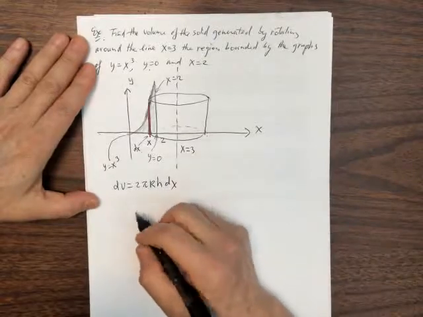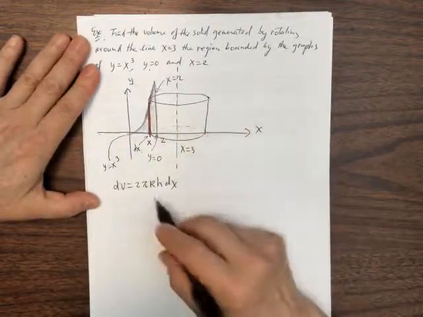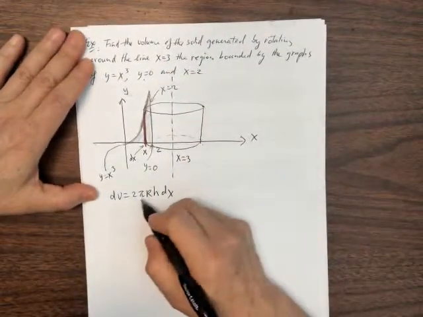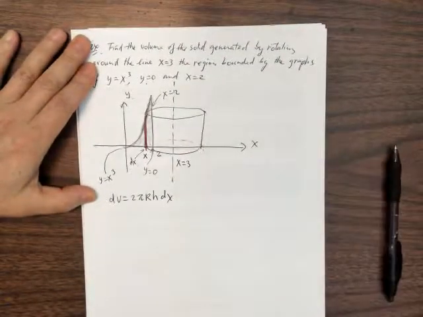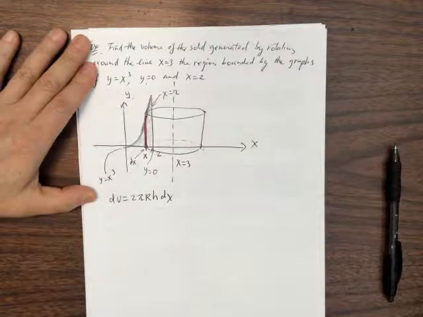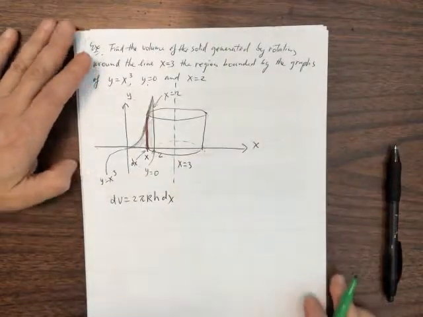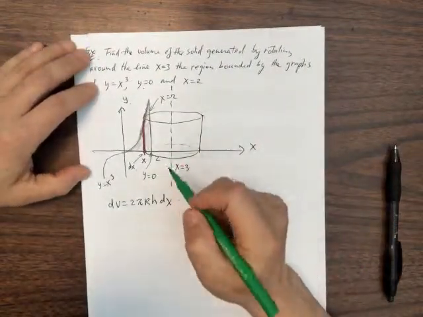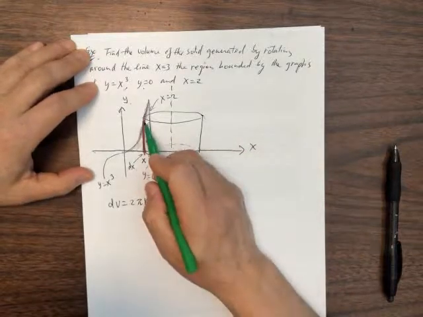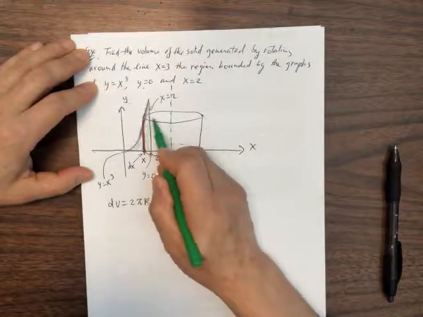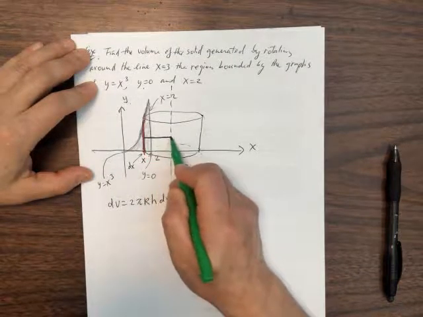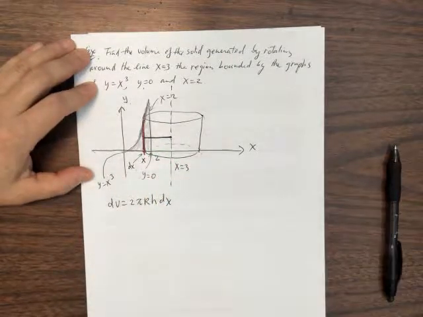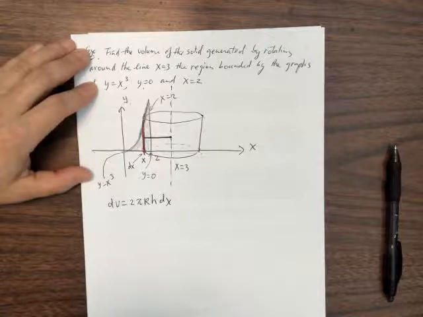Alright, so we got the cylindrical shell. Now figure out the radius r. Like we talked about in part 1 of this lecture, don't mark the radius at the top or the bottom, mark it in the middle to avoid any possible confusion.